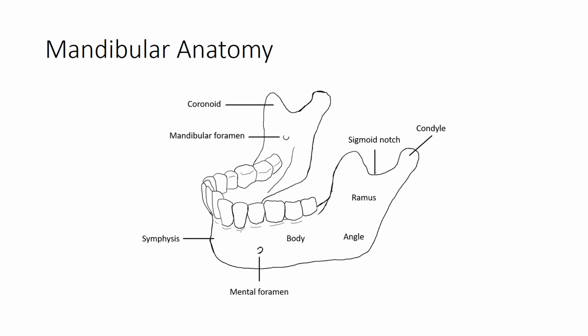Also, I want to point out the mandibular foramen, where the inferior alveolar nerve enters the mandible, and it exits the mental foramen right here. Okay, so that's a good review of mandibular anatomy and fracture terminology at the same time.